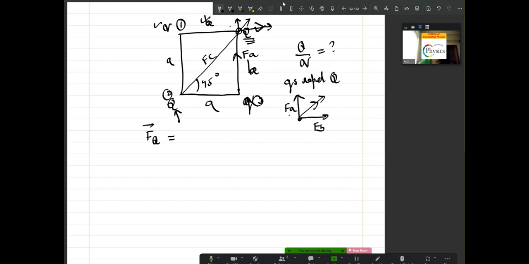If this is the situation, what will happen to Q? Q is simultaneously being acted upon by fa and fb. The resultant of these two will be, if I complete the parallelogram, this is the resultant of fa and fb.